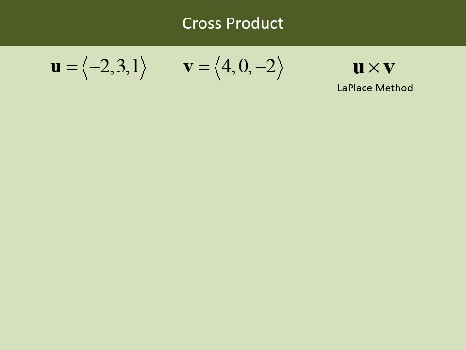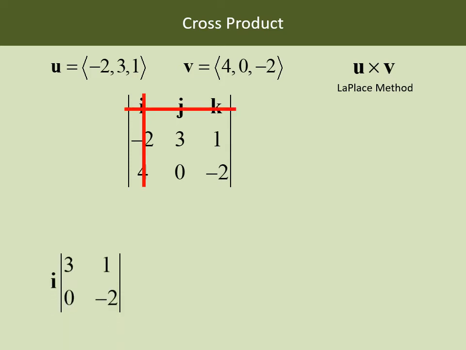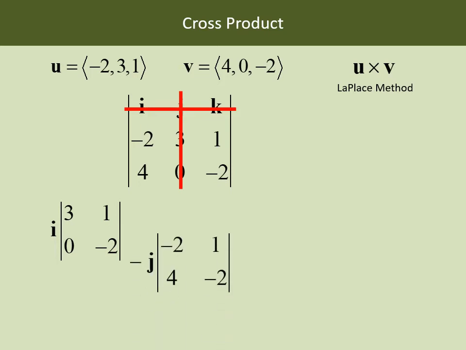The cross product of the same two vectors using the Laplace method. So again, we write the i, j, and k as the top row, first vector, and then second vector. Then we want to cross out the row and column for the i, take the remaining 2 by 2 determinant, then cross out the row and column for the j, take the remaining 2 by 2 determinant, and of course the j, if you're doing this, is going to have a minus on it.